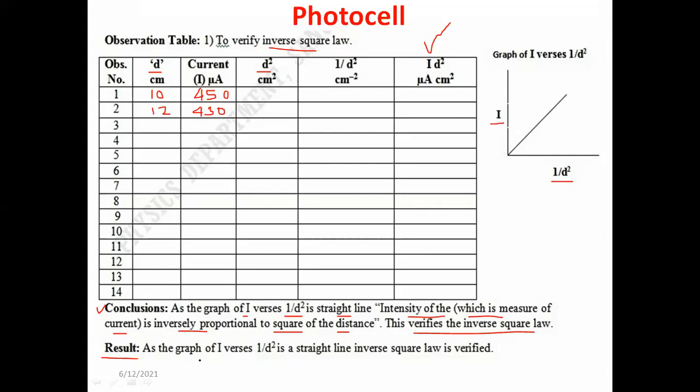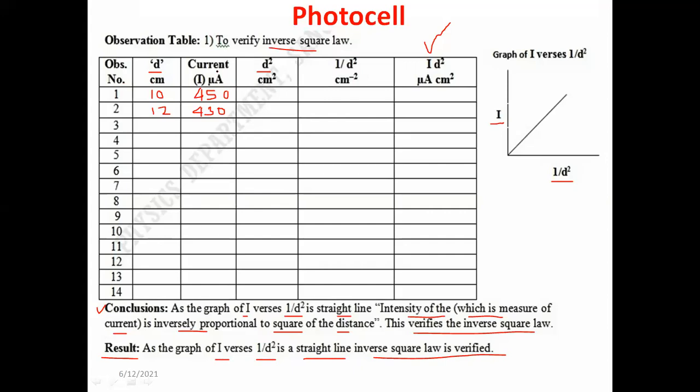Therefore the result is: as the graph of I versus 1 upon d square is a straight line, the inverse square law is verified. In this experiment, you just have to take the readings of d and I, and observe what is going on.